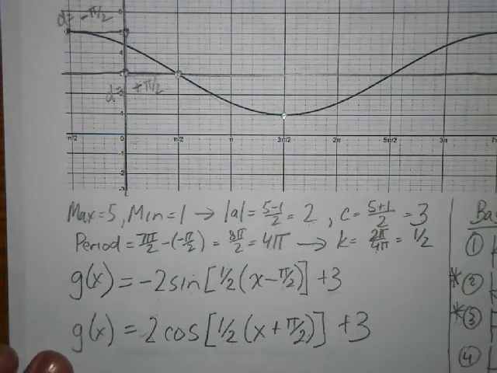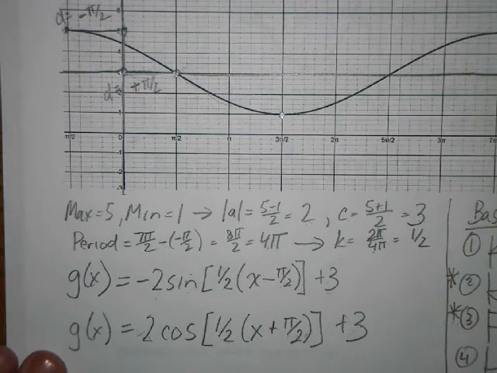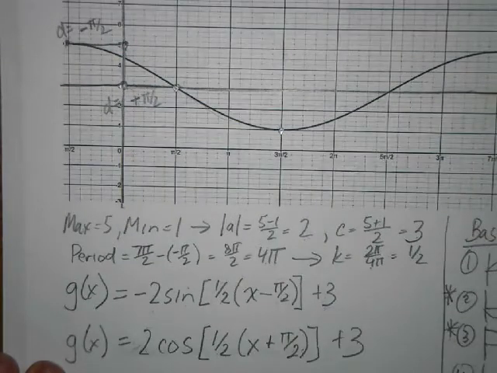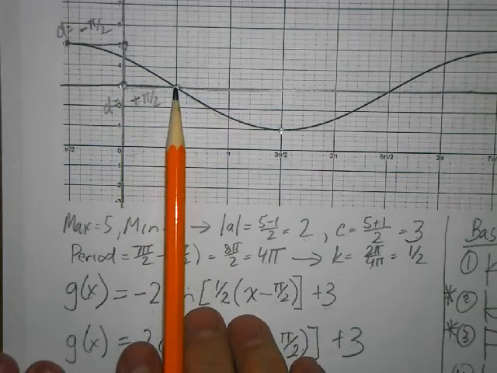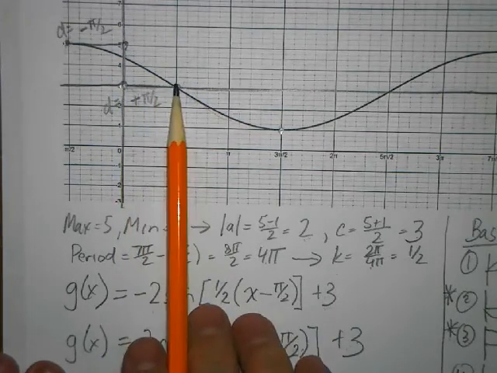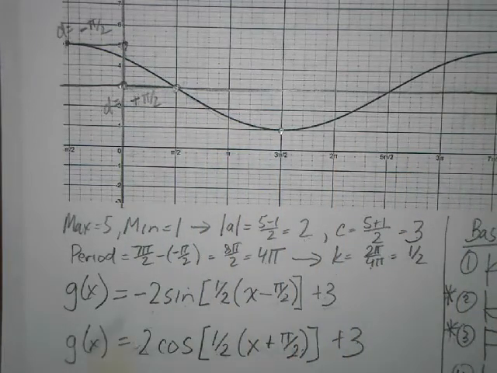If you look at it, it's kind of interesting that you can come up with two equations. You can actually use all four of these if you wanted to, and in fact you can go even farther. When you do your phase shift, you might not go to the nearest point. You might decide to shift it all the way to the next period. So there's actually an infinite number of equations.